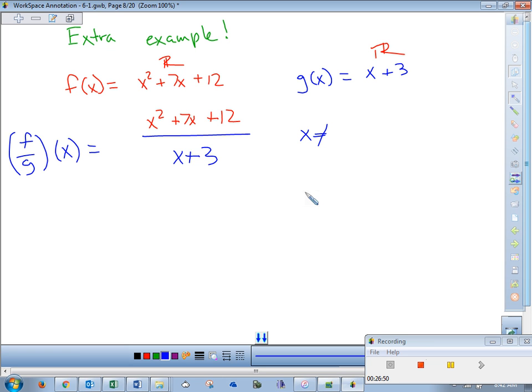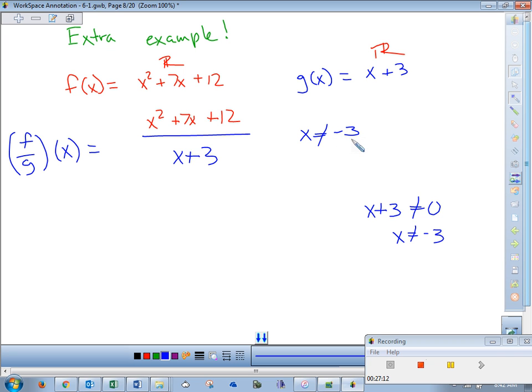What can't x equal in this problem? -3 makes this 0. And again, if you didn't know that, you just take whatever the denominator is and say, I don't want that to equal 0, and solve for x. You'd subtract 3 from both sides, and x can't equal -3. So there's the restriction in your domain.